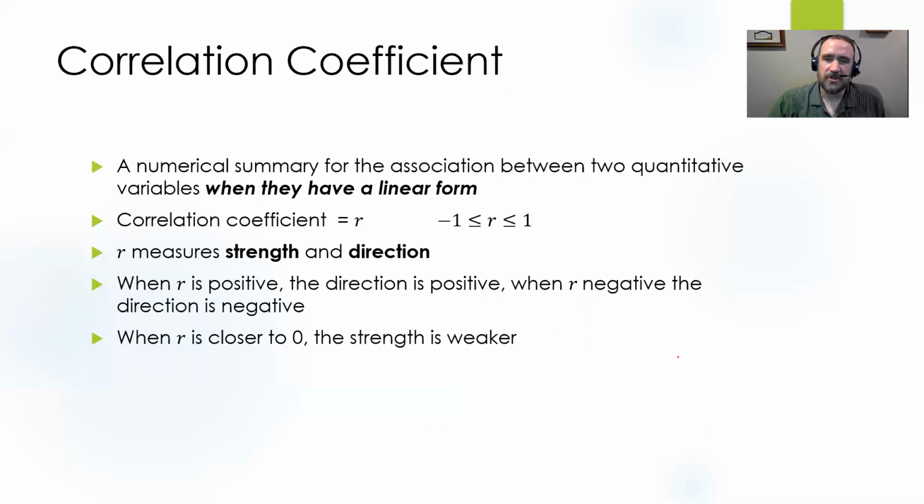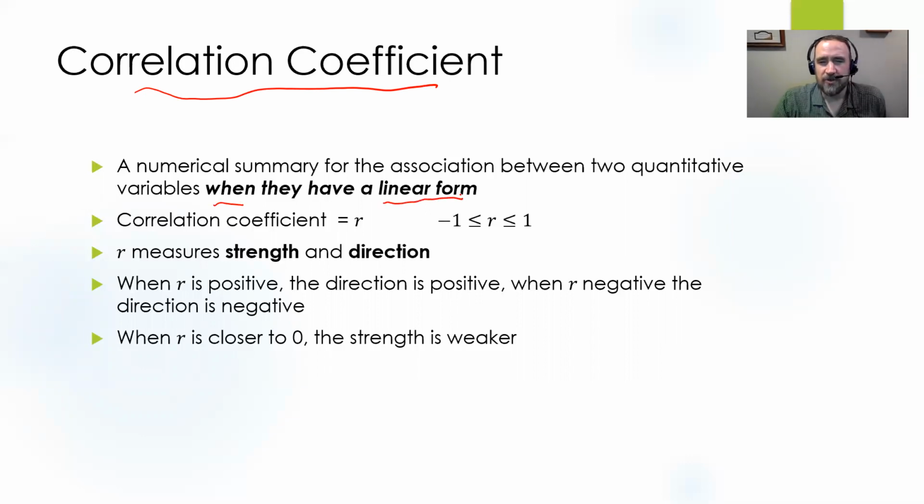Really valuable to explore your data and find out what seem to be the trends and what's going on. As I mentioned, strength can be a little hard to judge, and so we have a statistic that can help us with that called the correlation coefficient. It's a numerical summary for the association between two quantitative variables when they have a linear form.